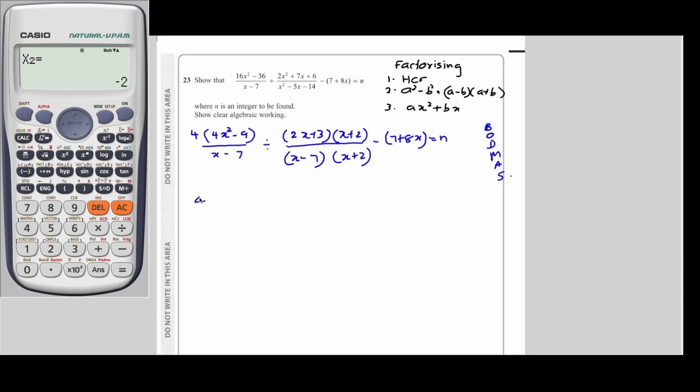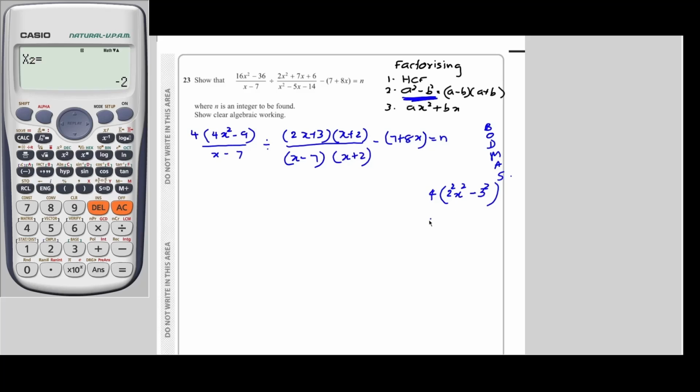Now in this case, can you see here? I can factorize this one further. So I can write this one here as 4 times 2 squared x squared minus 3 squared. This is a difference of squares.